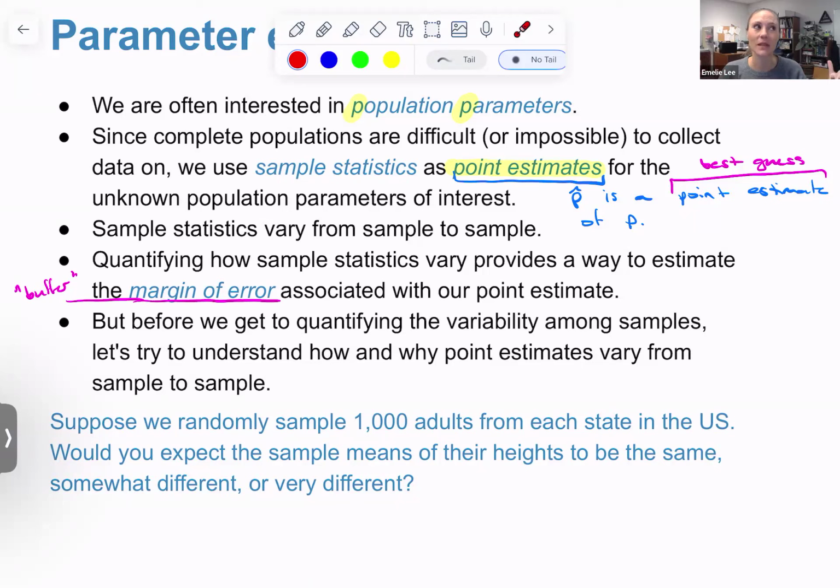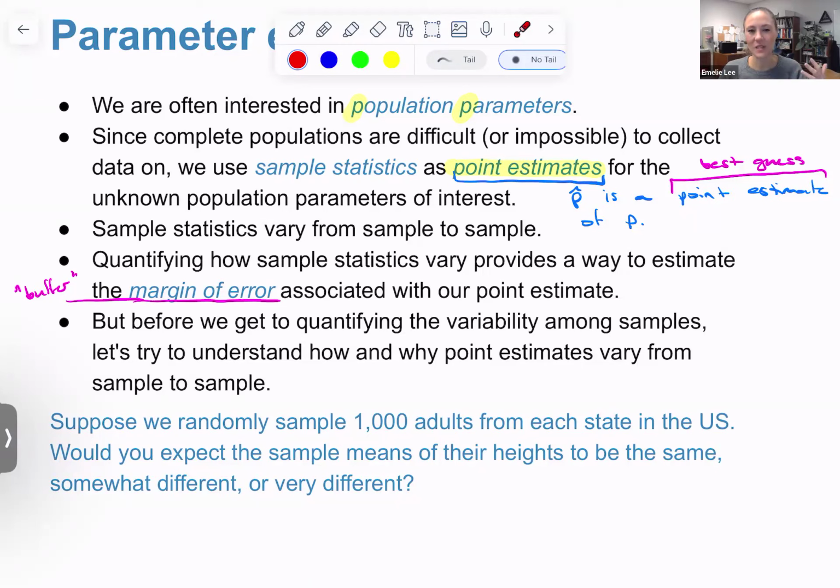If I say something crazy like 10 kilometers, you would say, "Oh, that's kind of weird. Why is your buffer so large? Are you not confident in your estimate?" No, exactly. That's what that means. Whereas if I said plus or minus 2 meters, you'd say, "Whoa, that's crazy. You're so confident in your estimate."